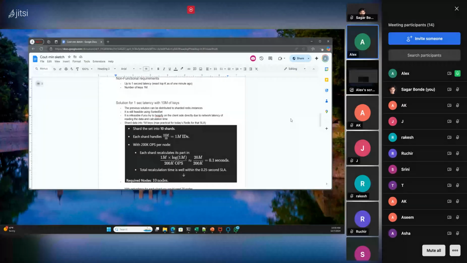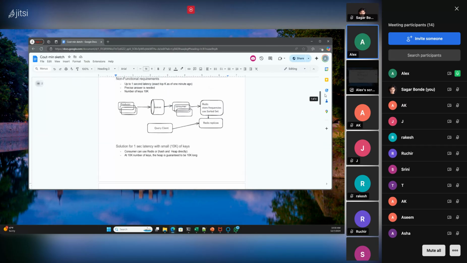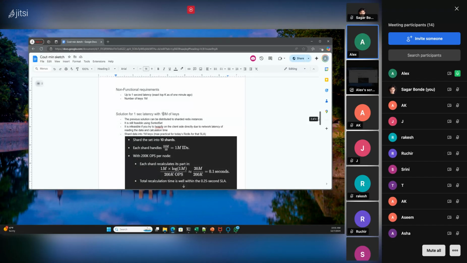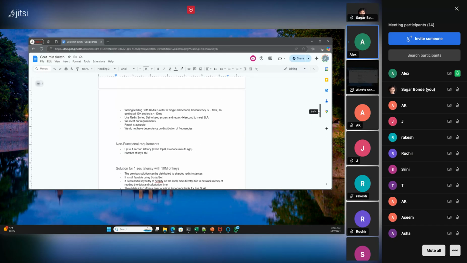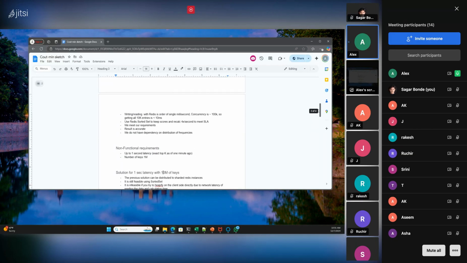In the previous picture, we had one line where we store everything in this one Redis. With more than a million keys, rebuilding the sorted set will start taking a long time. Okay, sorry, I put some confusion in the document. Let's talk about 1 second latency for 10 million keys.